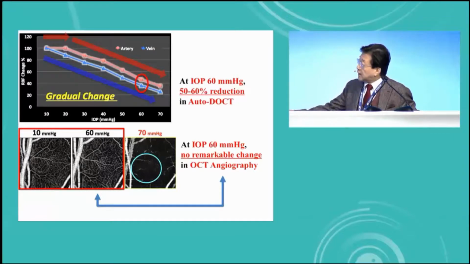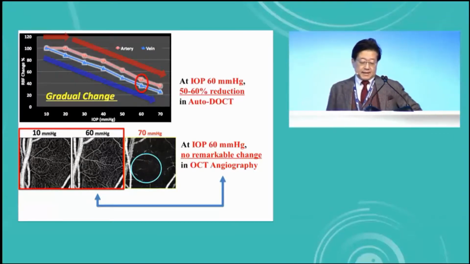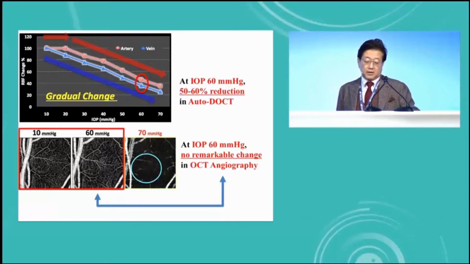When I concentrate on IOP 60 millimeters of mercury, there is around a 50% reduction in blood flow measured by auto DOCT. On the other hand, at IOP 60, there is no remarkable change in OCT angiography.